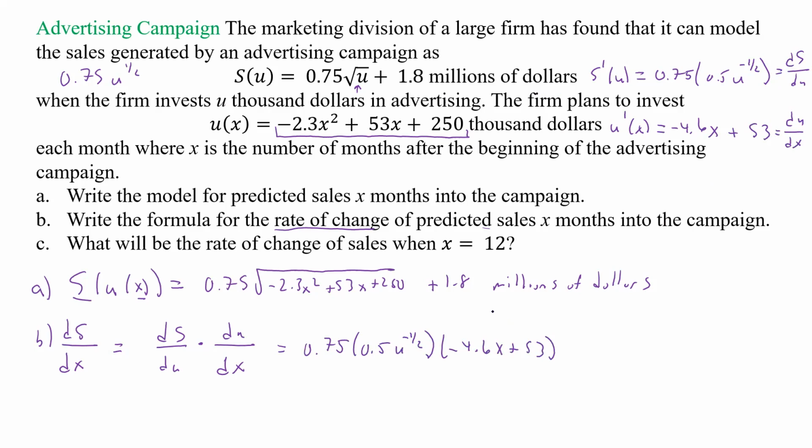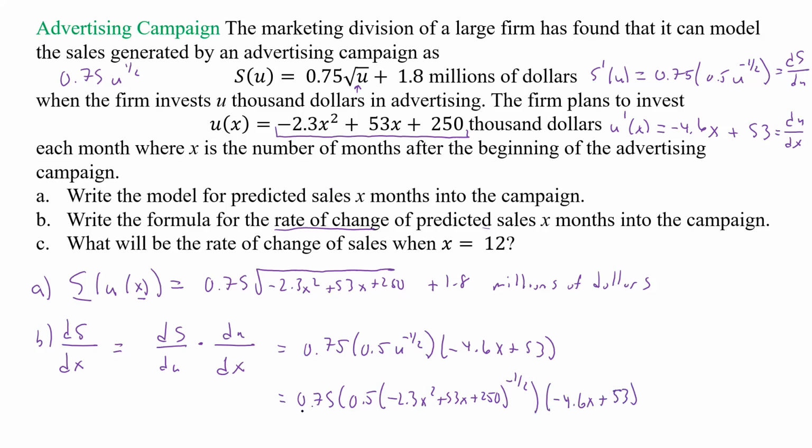Now, remember, it's supposed to be ds dx. We've got x here, but we have a u here. So what we have to do is resubstitute our original u in place of this one. That's going to be 0.75 times 0.5 times negative 2.3x squared plus 53x plus 250, to the negative 1/2, in parentheses, and then times negative 4.6x plus 53.